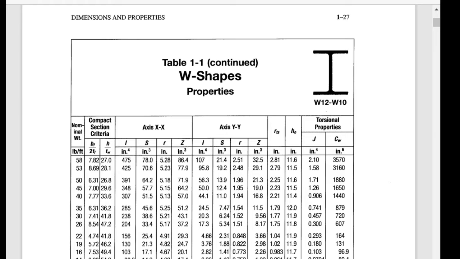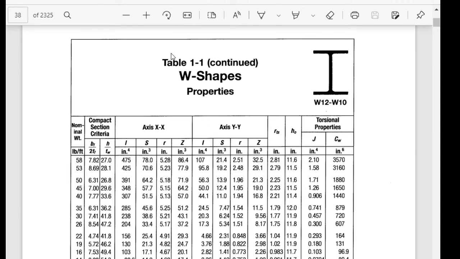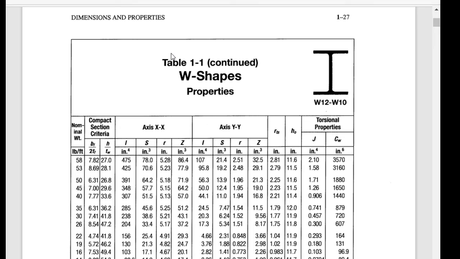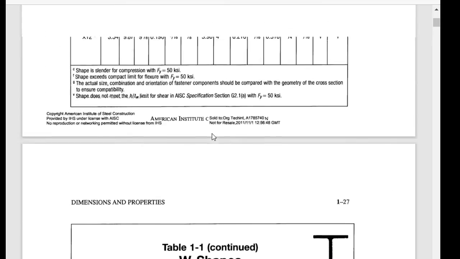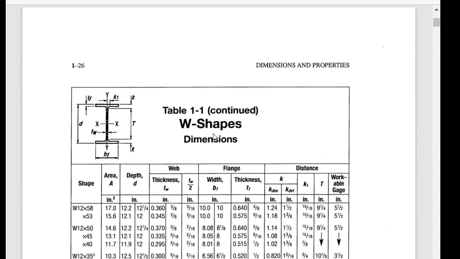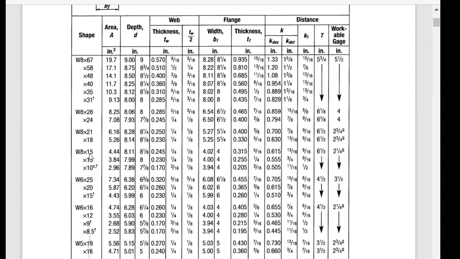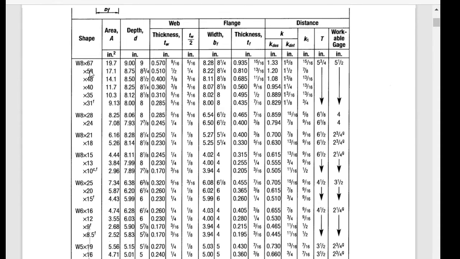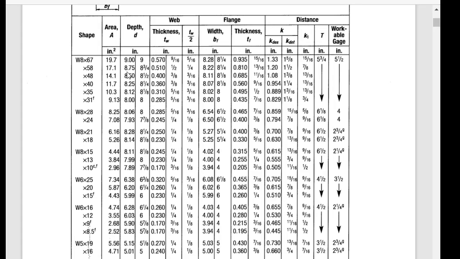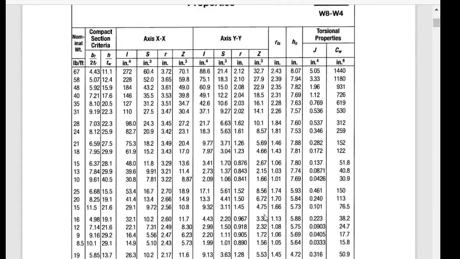What is the member? The member is W8 by 58. So we look at this, W8 is down here. W8 by 58 is here, but the radius of gyration is in the next table.